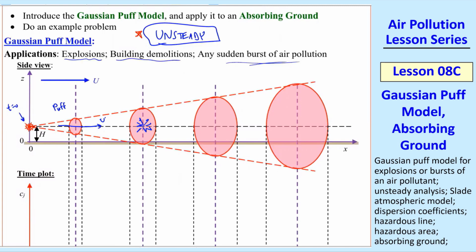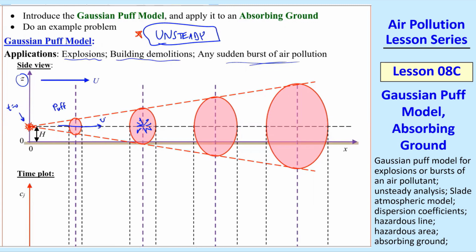Now, I drew it purposely not round because it's not necessary that it be diffusing the same in the x and z directions. In fact, the z direction, we know that the diffusion is greatly influenced by atmospheric conditions. And to some extent, the horizontal one is too, but this vertical diffusion can be much different than the horizontal diffusion.